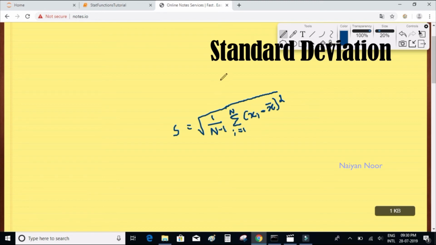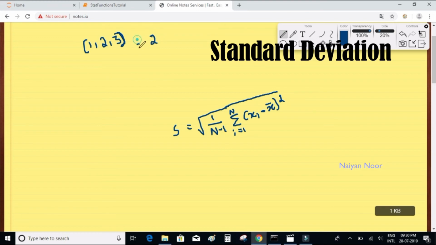Let's say we are trying to find the standard deviation of the numbers 1, 2, 3. x bar is basically the average. The average is 1 plus 2 plus 3 divided by 3, which is equal to 2.